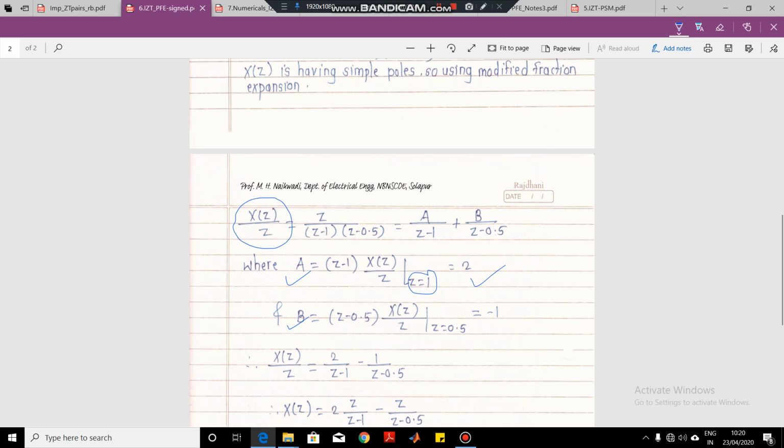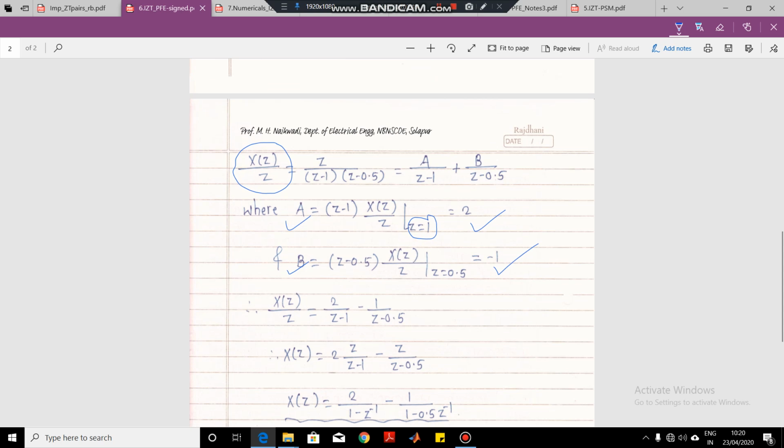Here X of z is z upon z minus 1 into z minus 0.5, so z minus 1 cancels, and when you put z equal to 1, you get 2. I insist you solve this on your own in the notebook. Similarly, solving for B, you will get minus 1. So we get these constants A and B.